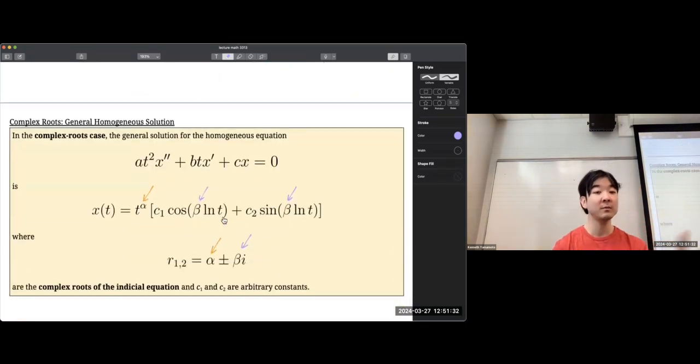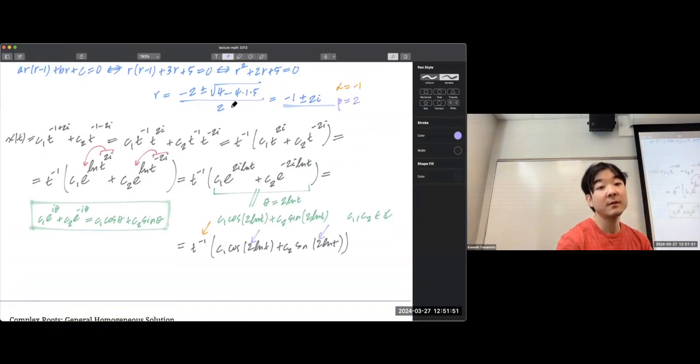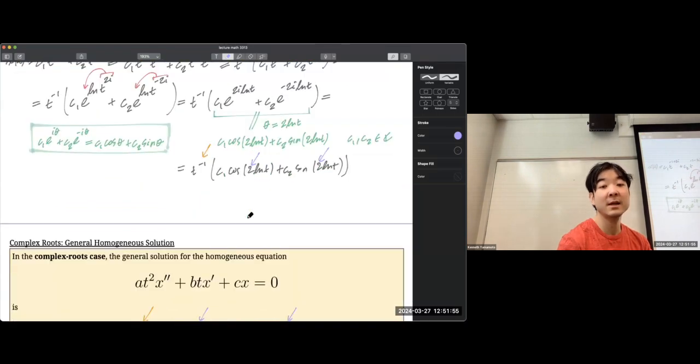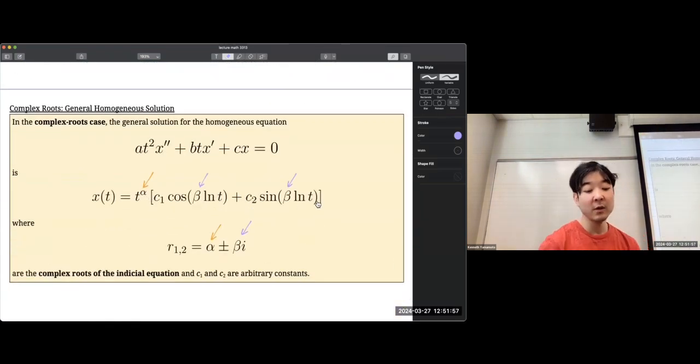But if they were some others, they'd go in these spots. So again, this is probably what you'll write on your formula sheet. It looks different than the one we had before because there are these ln of t's, and instead of e to the alpha t, it's t to the alpha. But this comes from all this work here, and I skipped and reused stuff from last time to get this. You don't have to know the derivation, you just need to know this, but it would be nice to know where it came from.